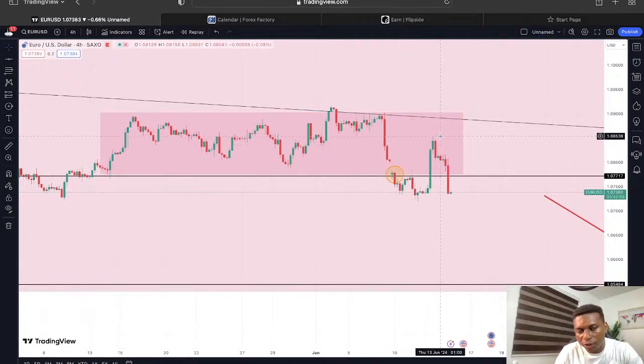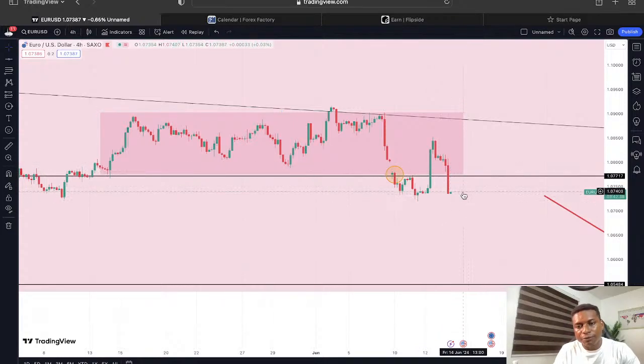So when the market closed yesterday, today the market started correcting. Now the market has broken that same level of support that was previously broken. The market has broken that same level on the 4 hours time frame, as you can see here.